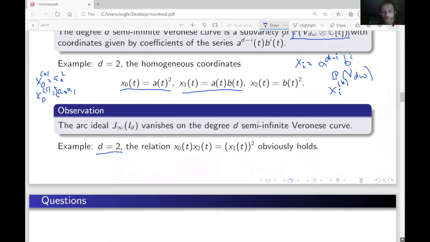If you substitute the expressions given here, then you obviously get the equality, but there is nothing actually to prove here. It's just because you can consider a of t as a single quantity and b of t as a single quantity. And then we know that this ID vanishes on the Veronese curve itself.